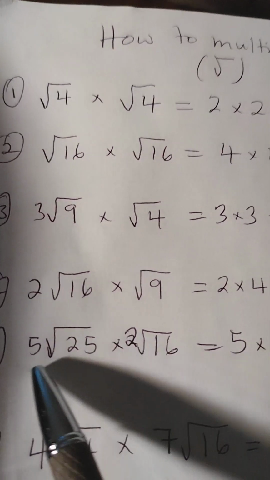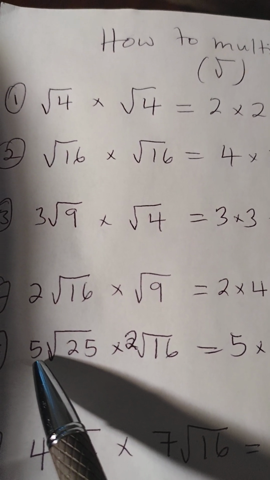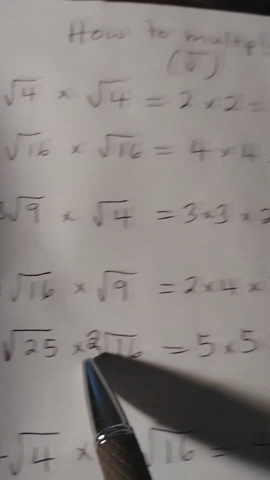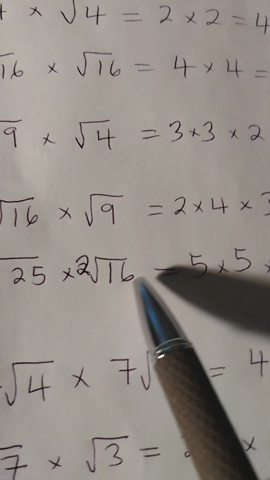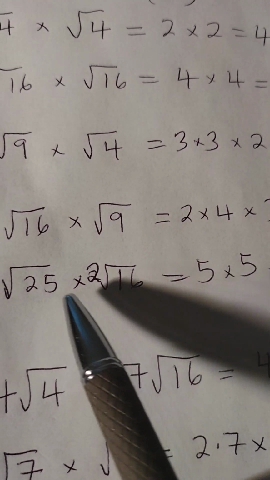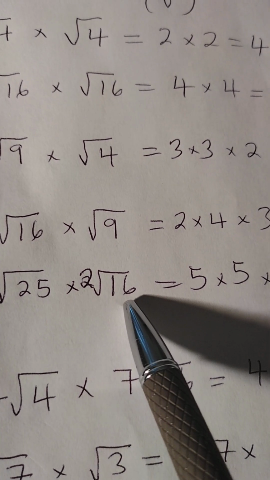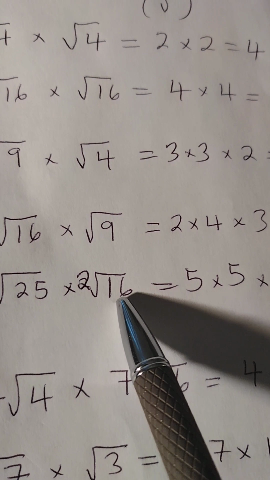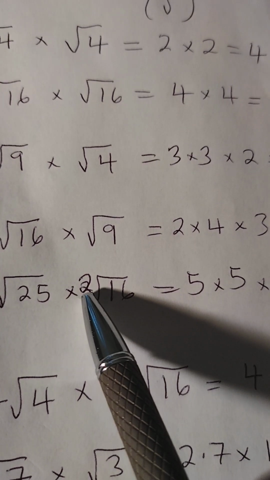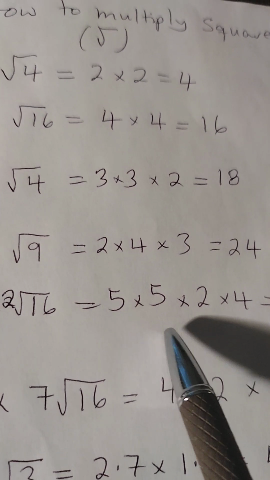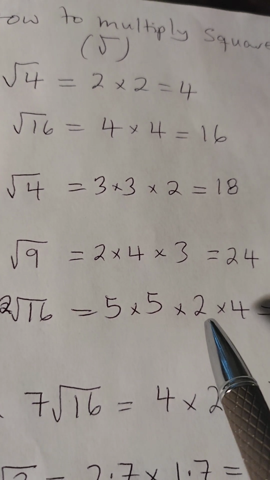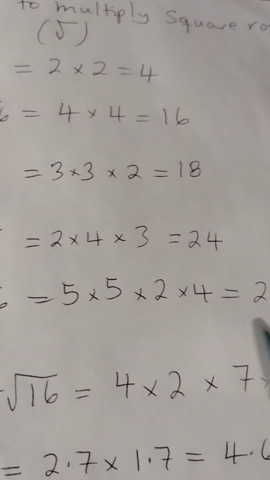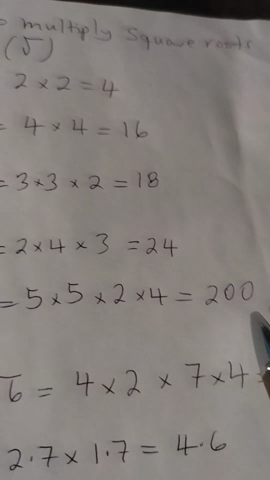So 5 times this 5 right here will give you 25, times 2 times the square root of 16. The square root of 16 is 4. 4 times this 2 is 8. So 5 times the 5, which is 25, times 2 times 4 is going to give you 200.